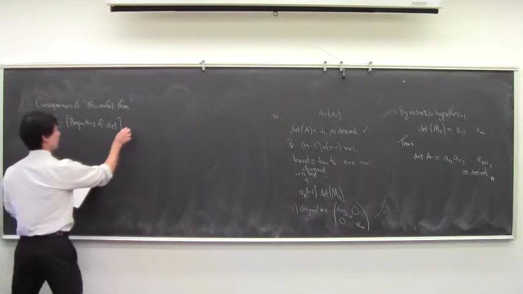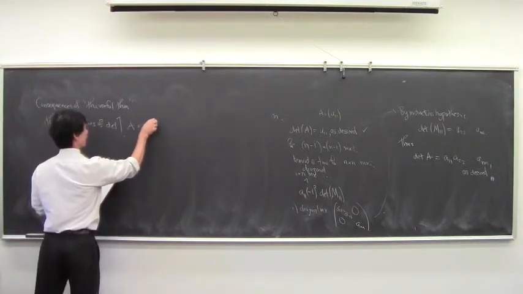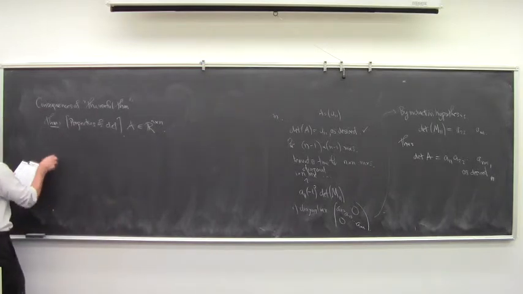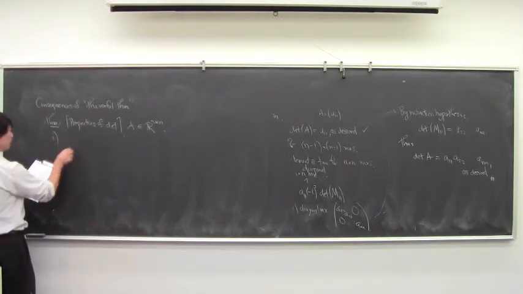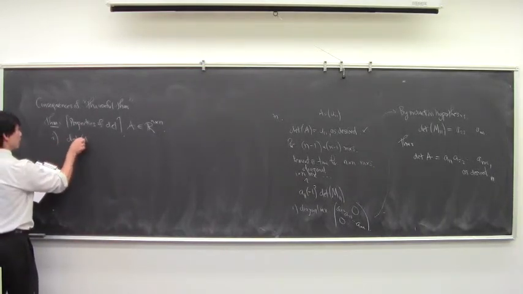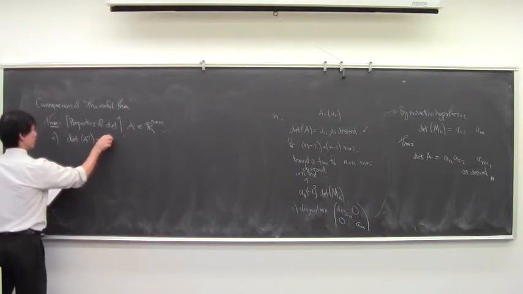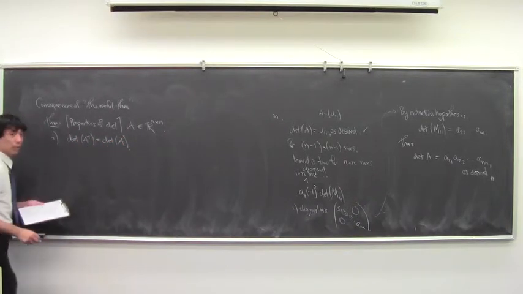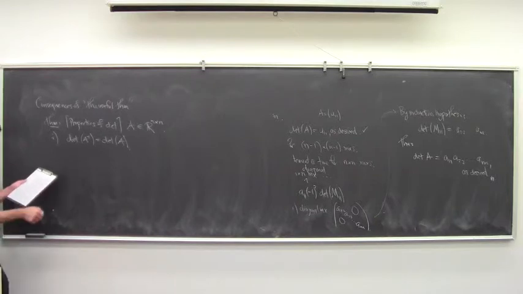Properties of the determinant. So again, we start off with an n by n matrix. First off, the determinant of the transpose is the same thing as the determinant of the original matrix.